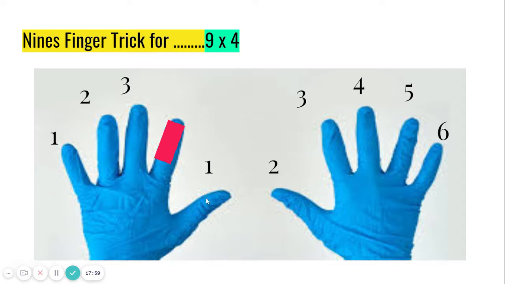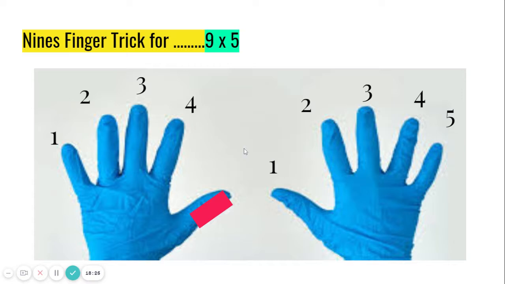Now, how many fingers are on this side of your finger that's down? Ready? So we're going to put the 3 right here. 1, 2, 3, 4, 5, 6. We're going to put a 6 right here. So, ready? 9 times 4 is 36. Okay? So we have 3 on this side. We have 6 over here on this side. 36. 9 times 4 is 36.